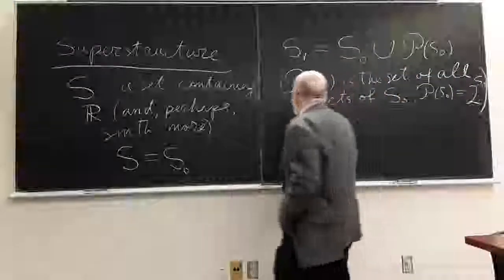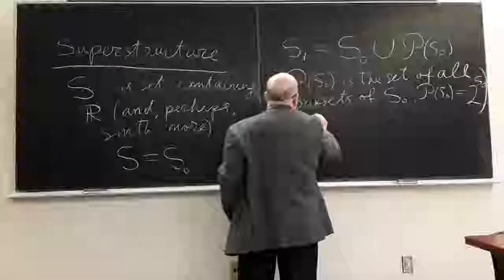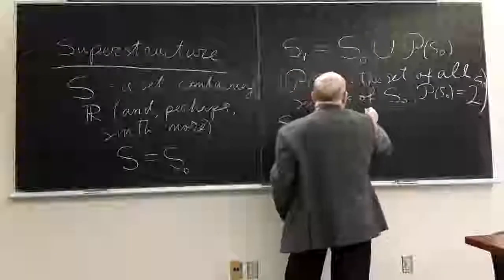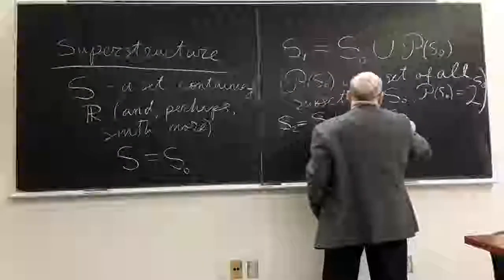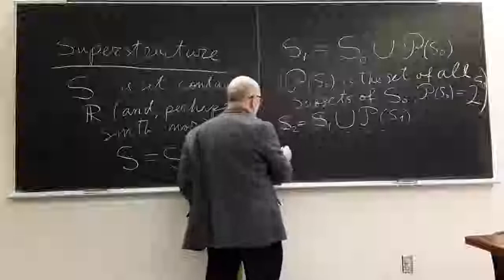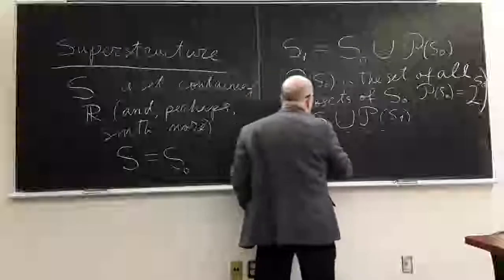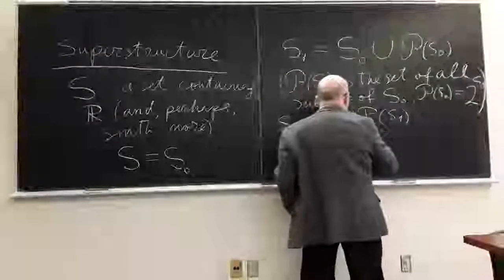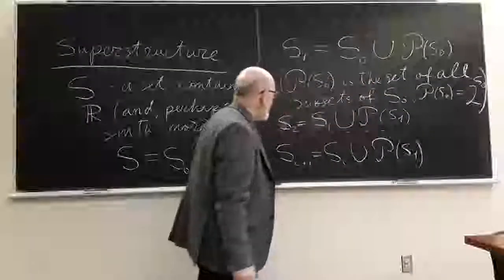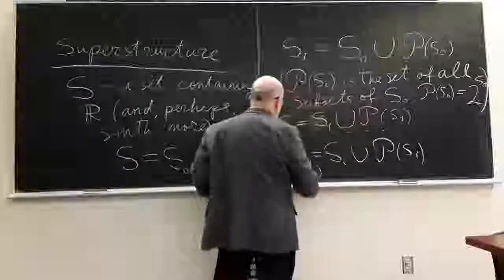Now let us define S2 equals S1 union P of S1, and so on. So we define S(i+1) equals Si union P of Si, where i are all natural numbers.